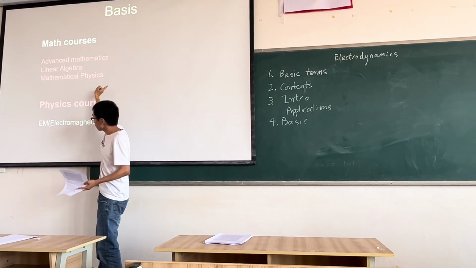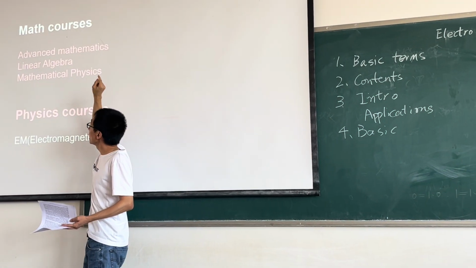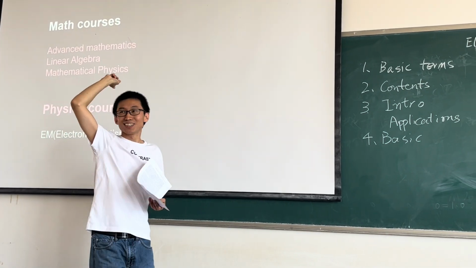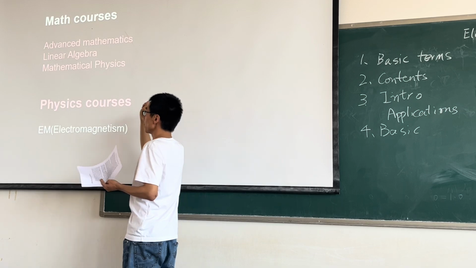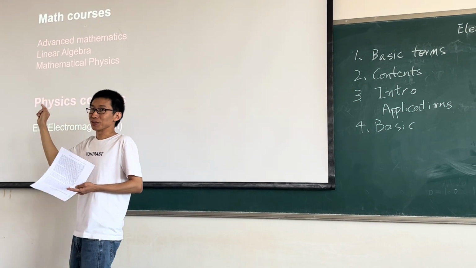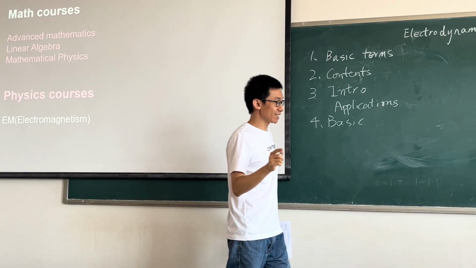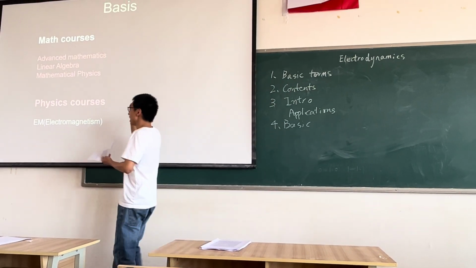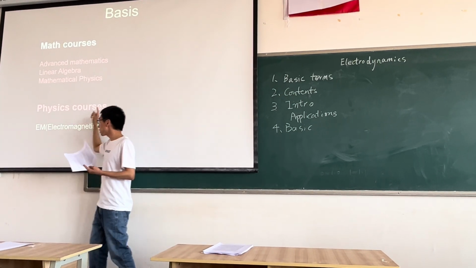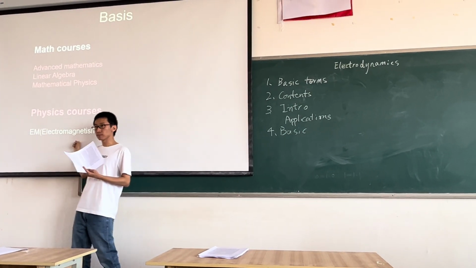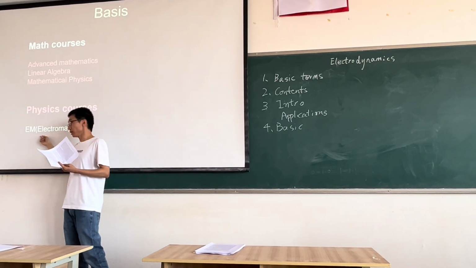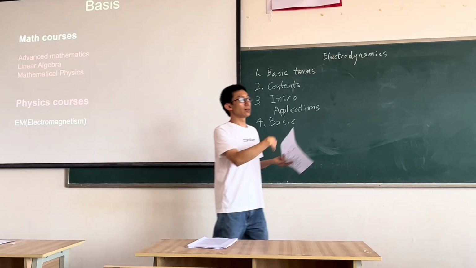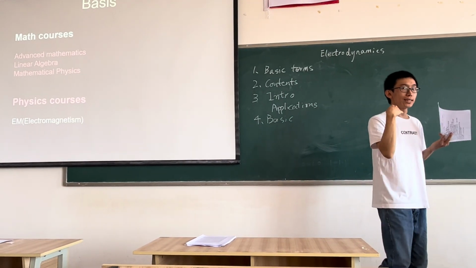I guess mathematical physics is much more complicated than linear algebra and advanced mathematics because it's a combination, right? Second, physics courses. Electrodynamics is also based on a physics course called electromagnetism, which I guess we have already learned in the second year of our university. It's also one of the major courses in the physics major.